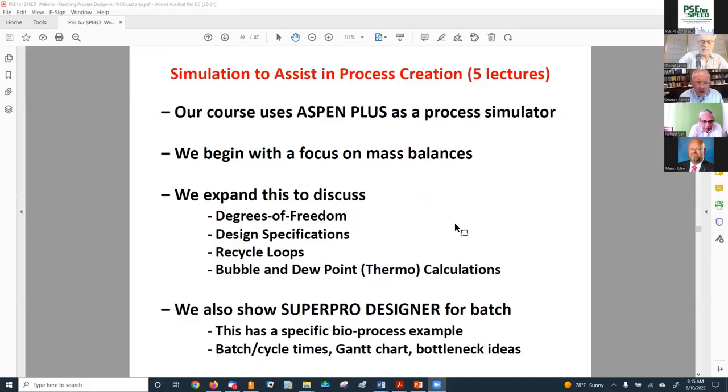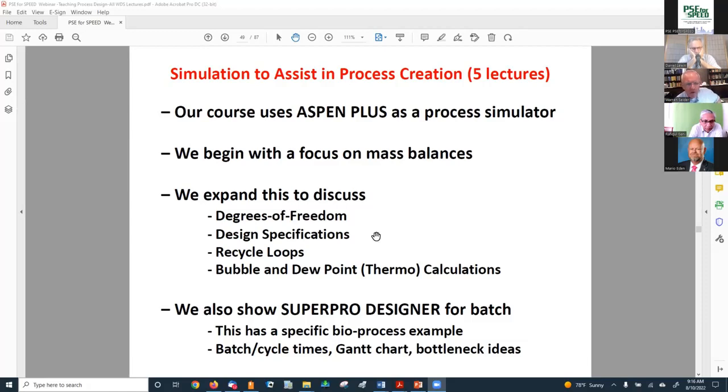Our course uses Aspen Plus as a process simulator. We begin with a focus on mass balances. The students have seen some of this already in the freshman course. We expand this to discuss the degrees of freedom, the design specifications, the recycle loops, bubble and dew point calculations.